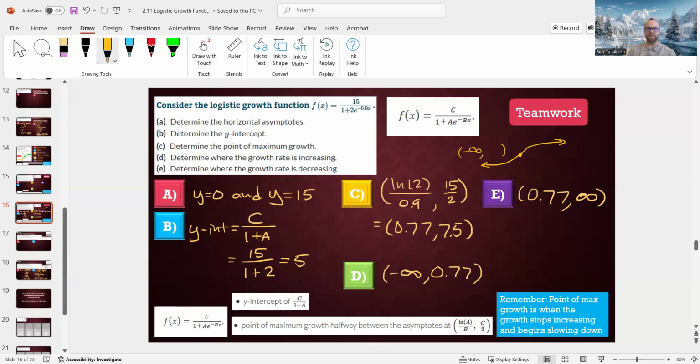So what is that x value? Well, we found it right here, right? Point of max growth, 0.77. So there it is. And again, decline will be after that. So from 0.77 to the right forever. This is just a little visual of what we wrote, what we answered for D and E.